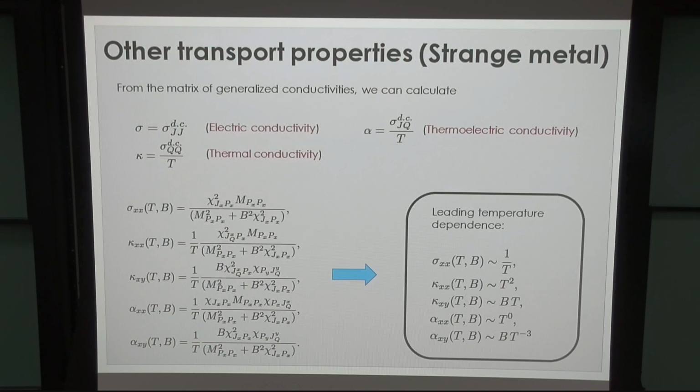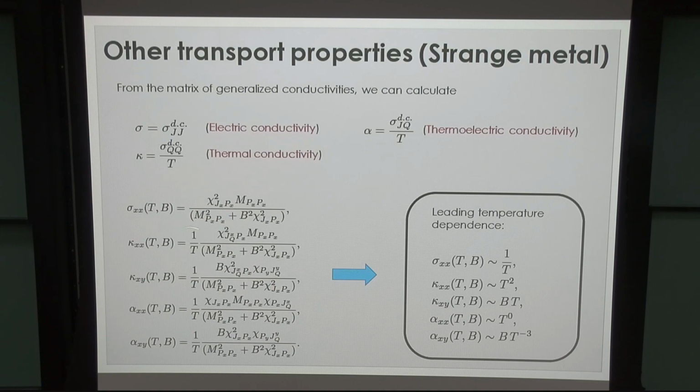Okay. So we can calculate many other transport properties. I show you here briefly some other quantities that we calculate using this memory matrix formalism. So we can calculate thermal conductivity, the so-called Peltier coefficient.